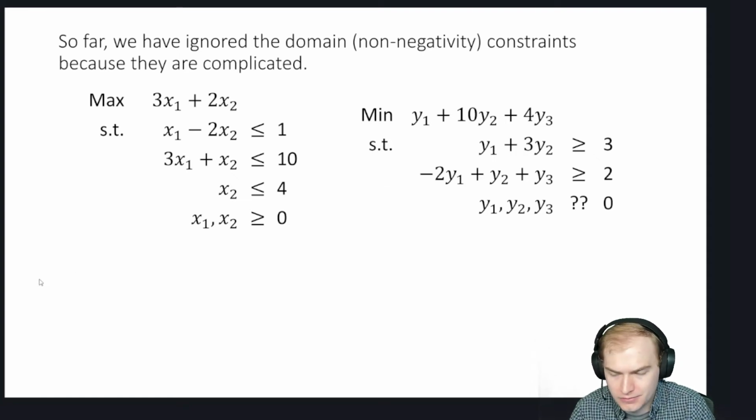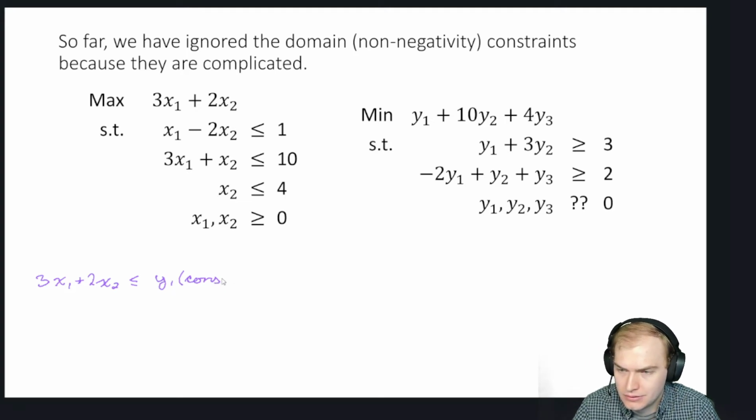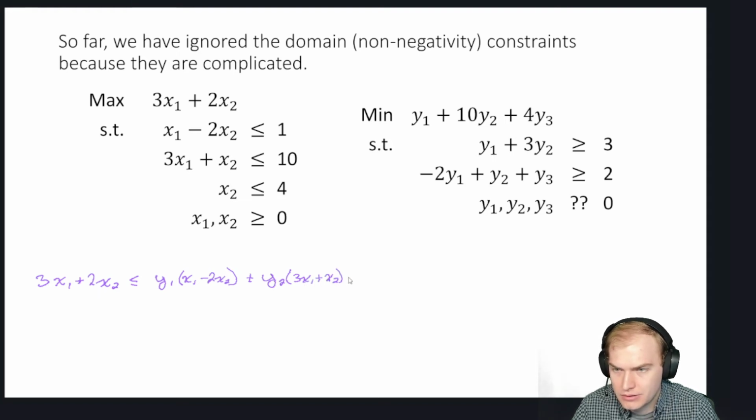We wanted to have 3x1 plus 2x2 less than or equal to y1 times the first constraint, well, actually I can just write it out: x1 minus 2x2, plus y2 times 3x1 plus x2, plus y3 times x2, less than or equal to y1 times 1, so just y1 plus 10 y2 plus 4 y3.